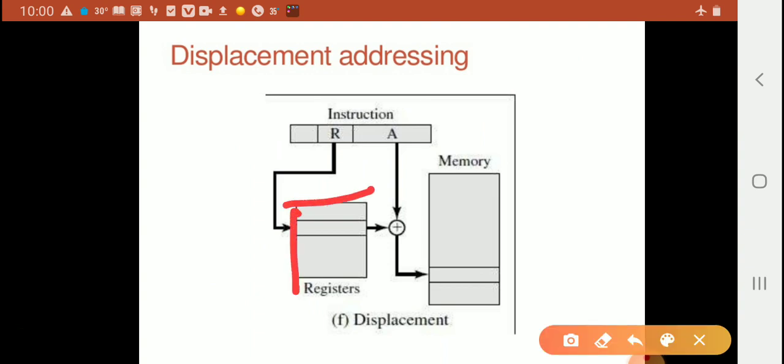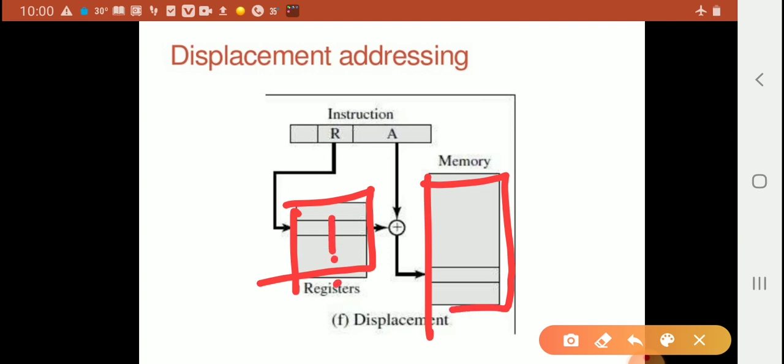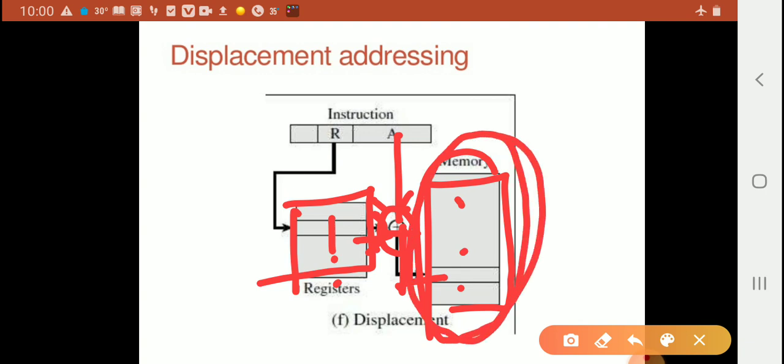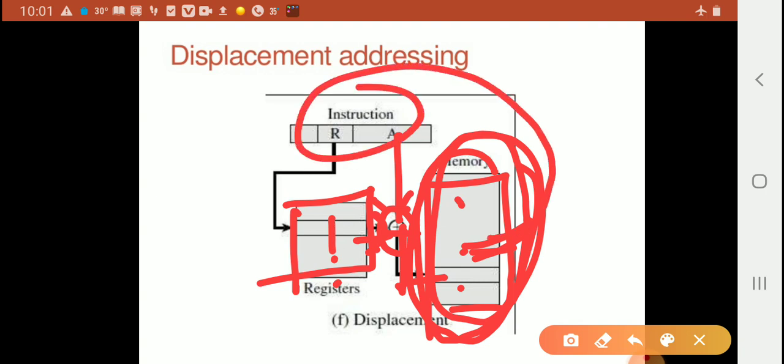This is the register location and this is the memory location, with some data in between, and after the execution the result is stored in memory locations. So these data are executed by the instruction set.